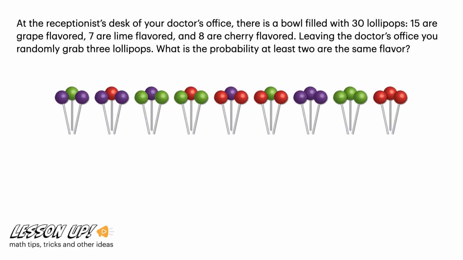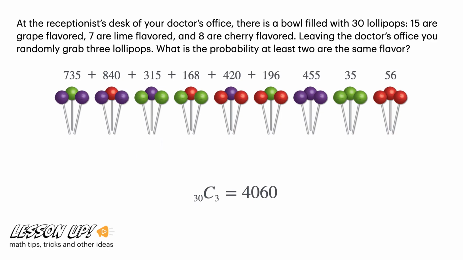Now instinctively, they know that there are 30 choose 3 ways of selecting the 3 lollipops. However, to determine the probability, they set about calculating the combinations for each outcome and summing the results. Now this is a feasible approach, but ignores the context and thus the understanding of utilizing the complement.